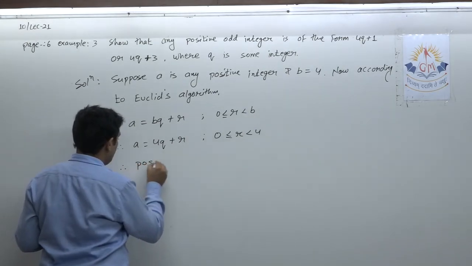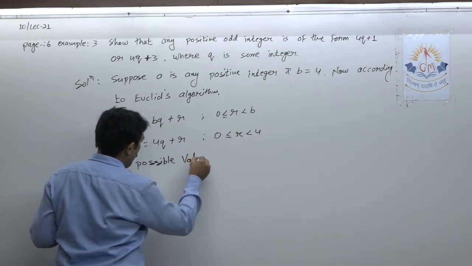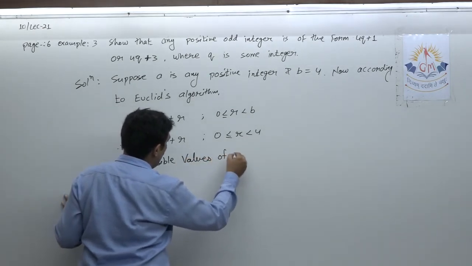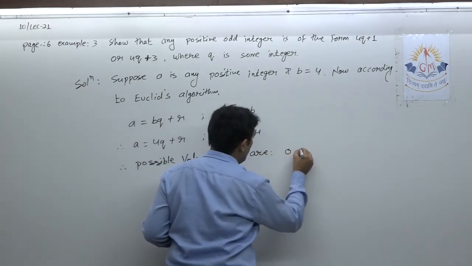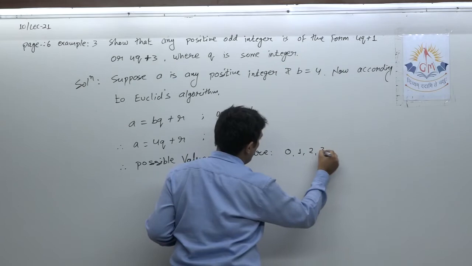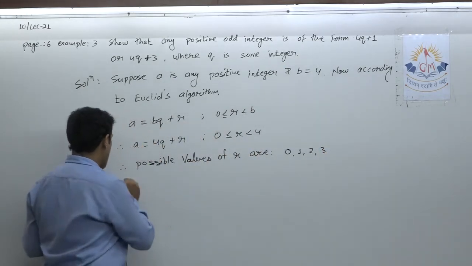Therefore possible values of r are 0, 1, 2, 3. Okay, these are the possible values of r.